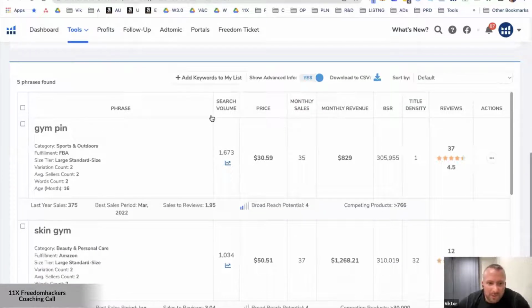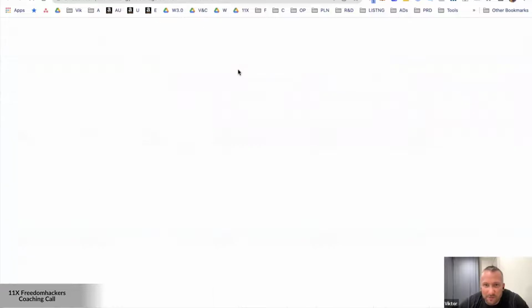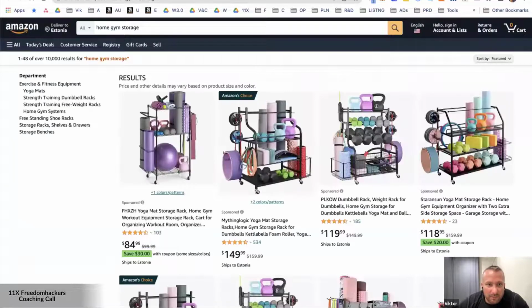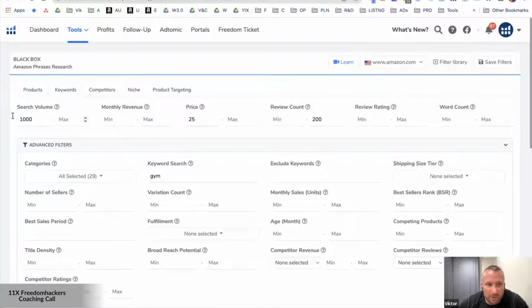All right. So then we can find these different keywords that have different amounts of revenue and they don't have many reviews. The average reviews is 165, right? And at the same time, they don't have a crazy amount of competitors either. Let's see on Amazon. Review count, search volume.